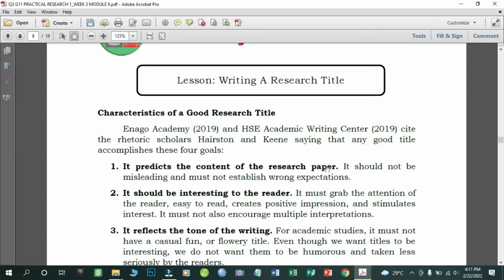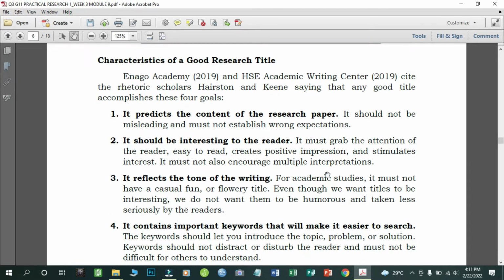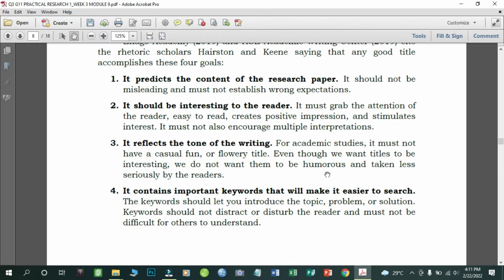Here are the steps in making a research title, by Raha Gapualan 2014. These are the 5 steps in writing a research title. Step 1: ask yourself these questions and take note of the answers. First, what is my paper about?